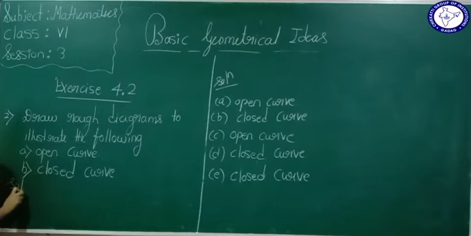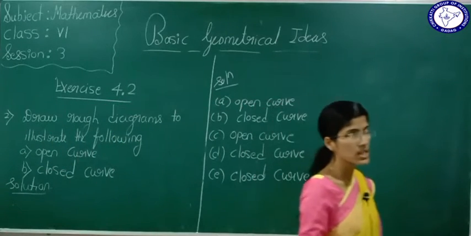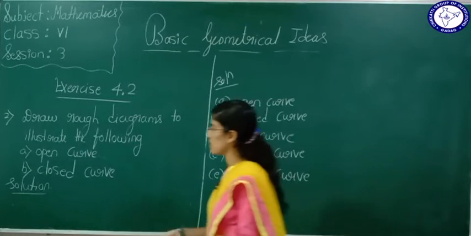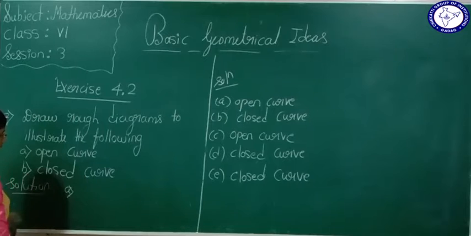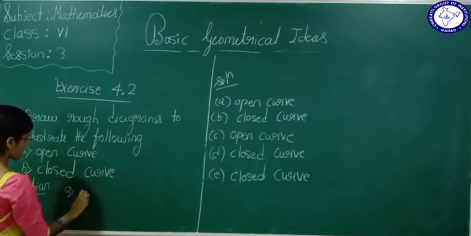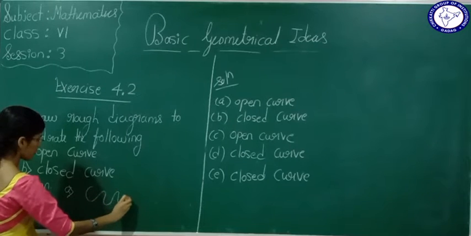See the solution. What is an open curve? An open curve is a curve in which the initial and end points are different, right? Now for the open curve, they told us to draw one rough diagram. Now is this an open curve?